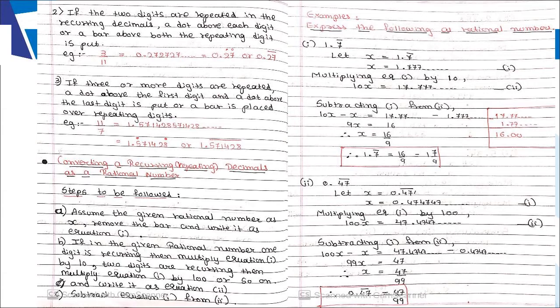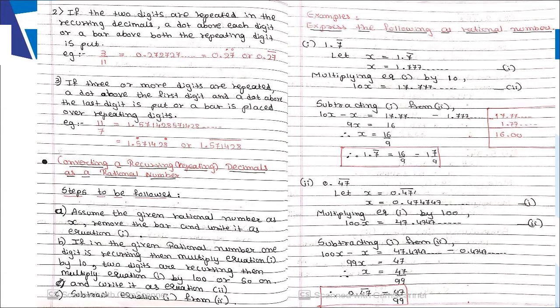So 10x minus x is equal to 17.777 and so on, minus 1.777 and so on. Next step, now simplify and get the answer. So 10x minus x is 9x, and 17.777 minus 1.777 is equal to 16. All the digits after the decimal point will be nullified.